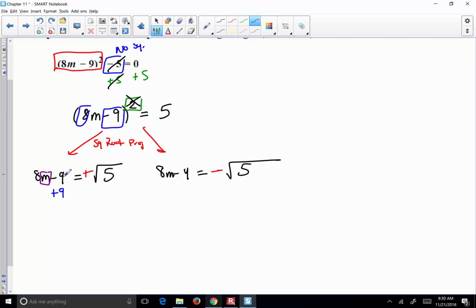I need to first cancel this 9 by adding 9. So it is 8m equals 9 plus 5 is 14. Am I right? Can I add 9 and 5? This is free guy. It's not inside the jail.